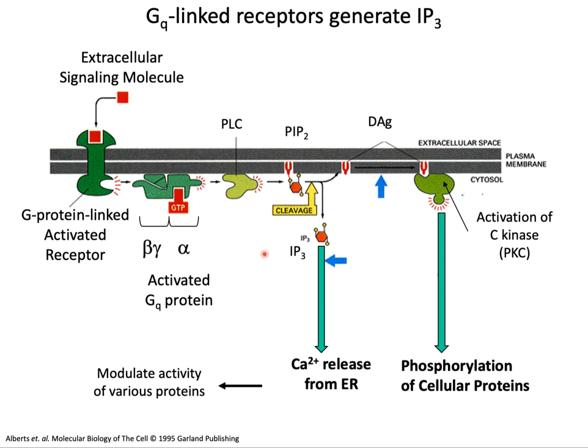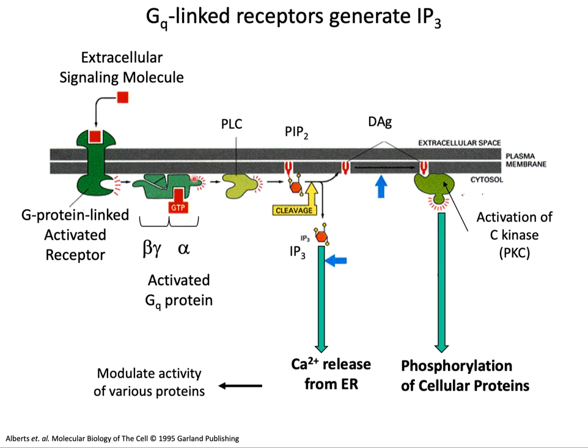The Gq protein works in the exact same way that we saw for the stimulatory G proteins. On the left-hand side of your slide, you see a Gq-linked receptor, and it binds to some type of extracellular signaling molecule. This activates the receptor such that it can now interact with the heterotrimeric Gq protein.